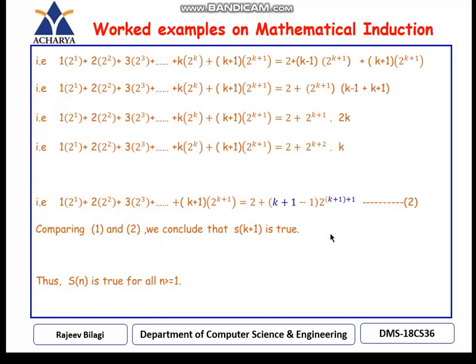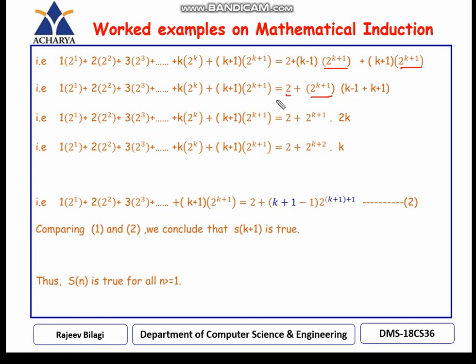Okay, now with this you can see that this is already there, and this one I have added as shown in the previous slide. I will keep this 2 as it is, and if you consider the rest of the part, 2 to the power of k plus 1 is common on both the sides.